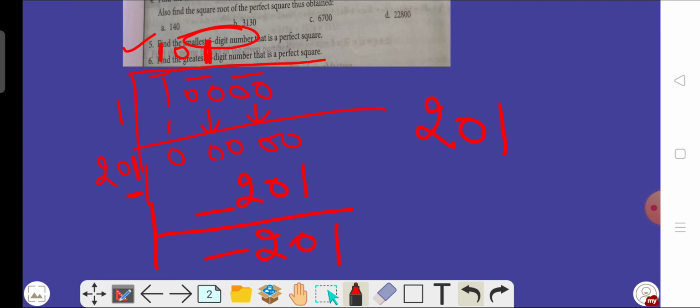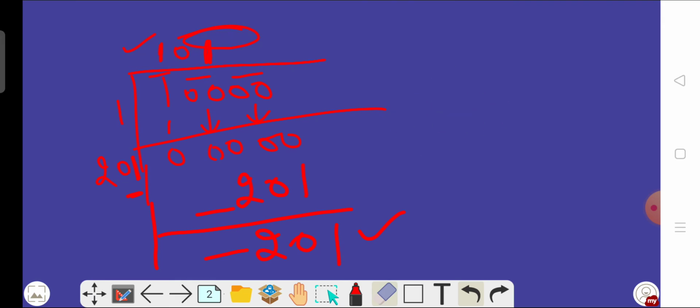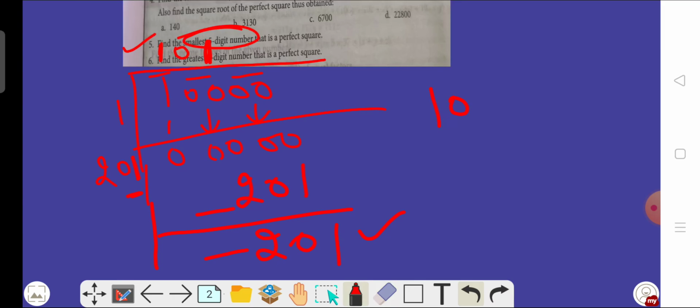What will we be left with? We will be left with minus 201. Okay, so this is the number which we have to add in the given number, 10000 plus 201. So 201 is the required number which we have to add in the smallest 5 digit number to make it a perfect square.